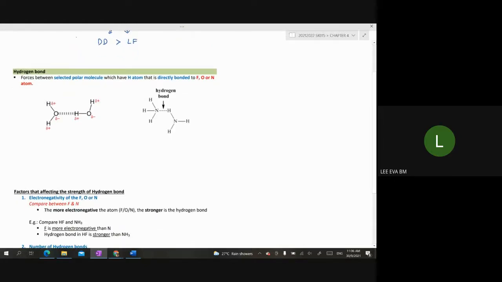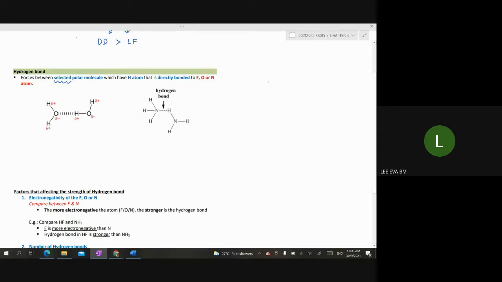Sometimes the hydrogen bond can also be called hydrogen bonding. That means the same thing, bond or bonding. It refers to the forces of attraction between some of the selected polar molecules, some of them only, which have hydrogen atoms directly bonded to F, O, or N atoms only.